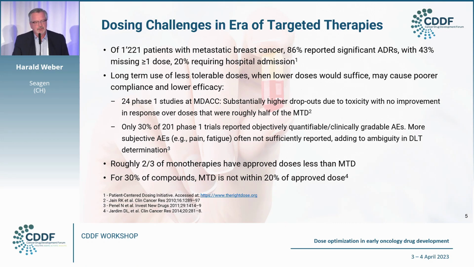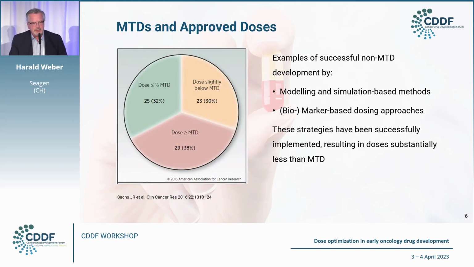Roughly 2/3 of all monotherapies that have been approved are actually approved at doses that are less than the MTD. But the good news is that for many of the registered molecules or compounds, the dose is actually less than half of the MTD, 32% based on a publication by Sachs et al.